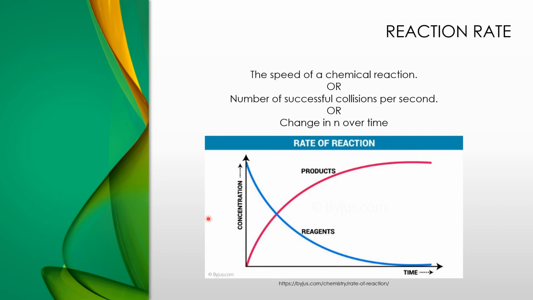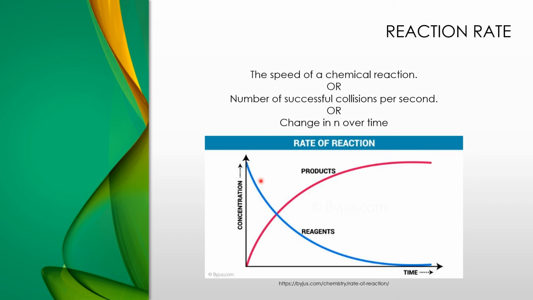This can be shown in a graph that may look like this. So concentration being on the y-axis, concentration is just an extension of n, so you could have number of moles or concentration here. They both really do mean very similar things, and we see the progress of a reaction over time.